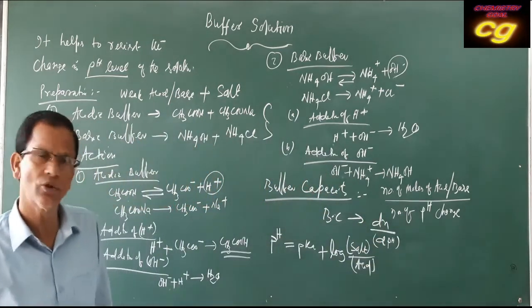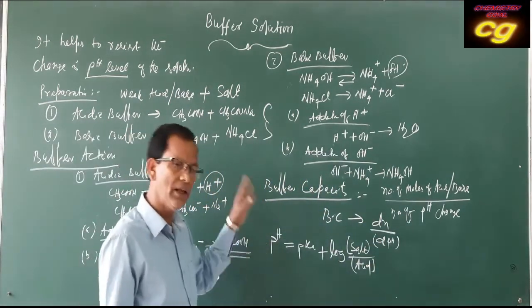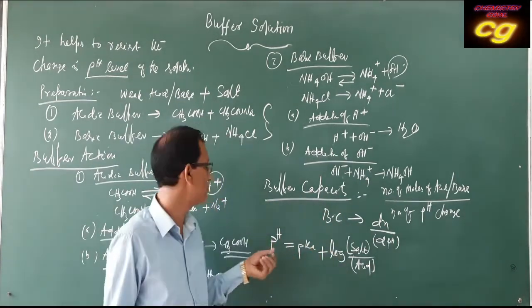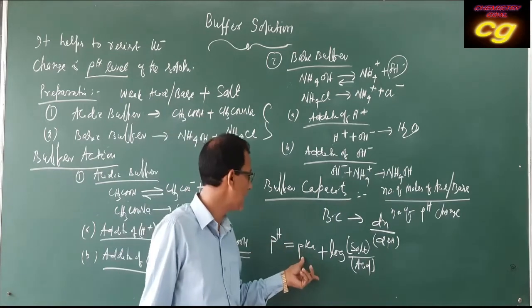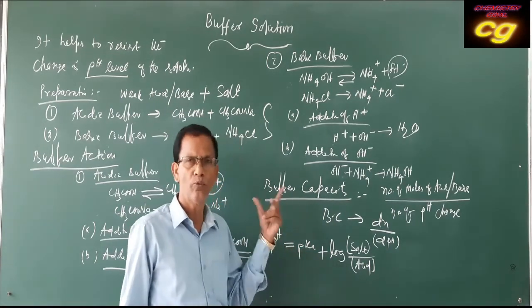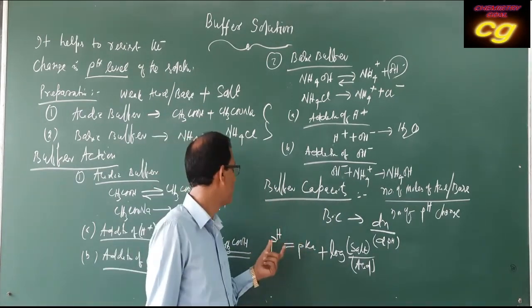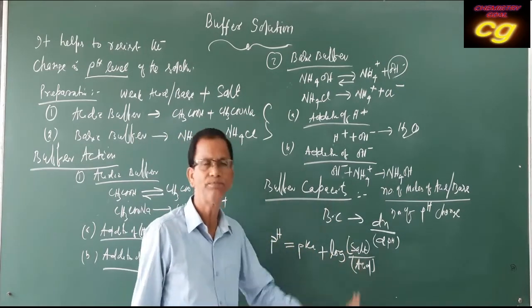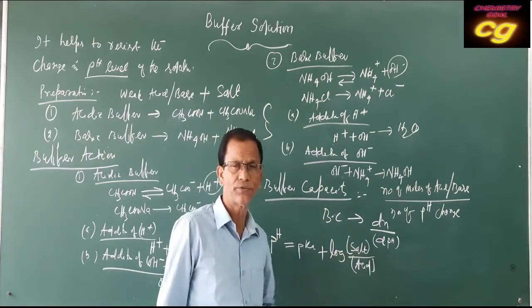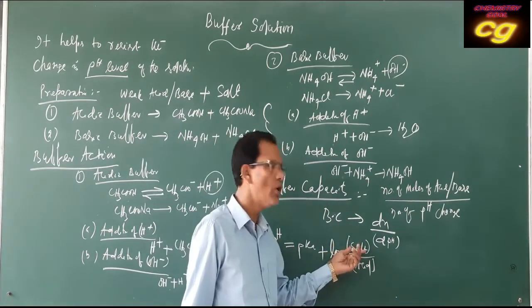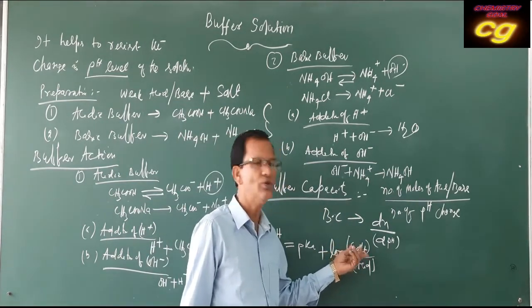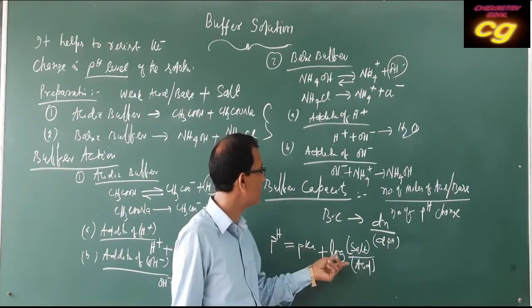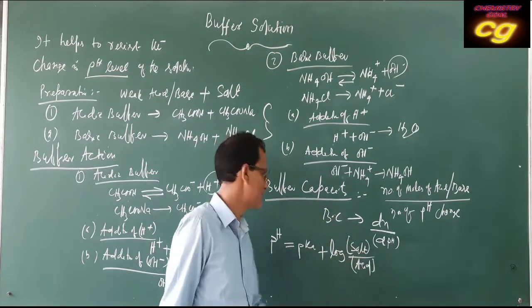The salt can also be called the conjugate base. So pH is equal to pKa plus log salt to acid.